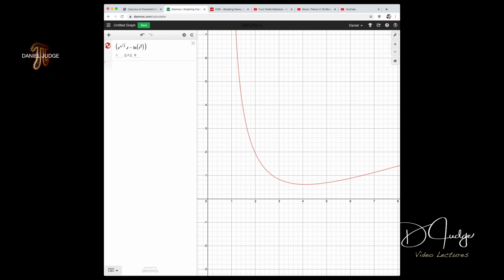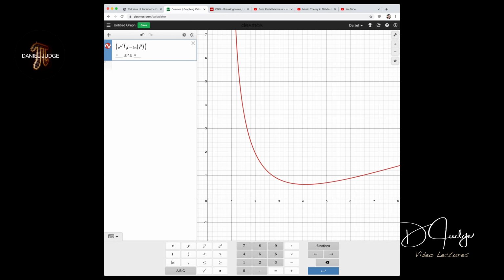So this curve is going to be 4 plus t raised to the second power. And this will be t squared plus t, that's going to be raised to the third power.